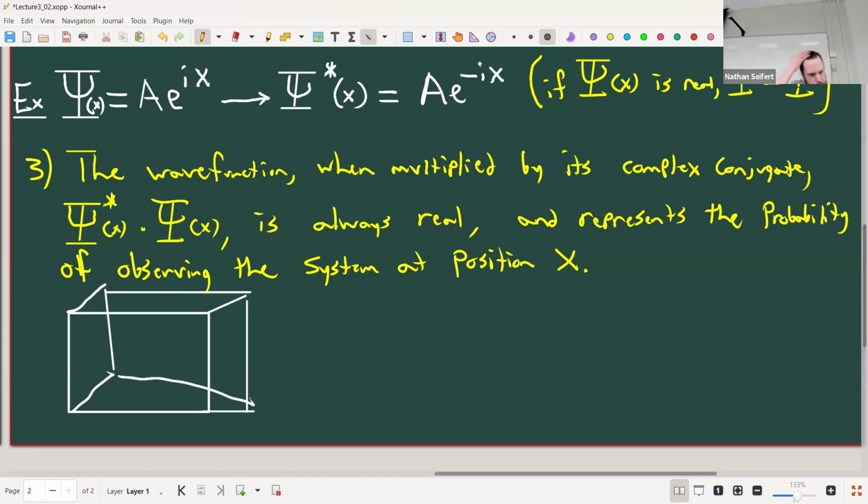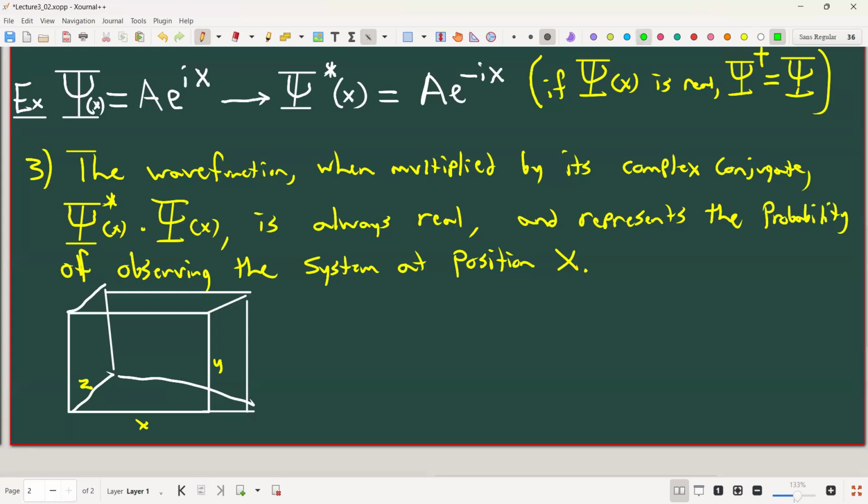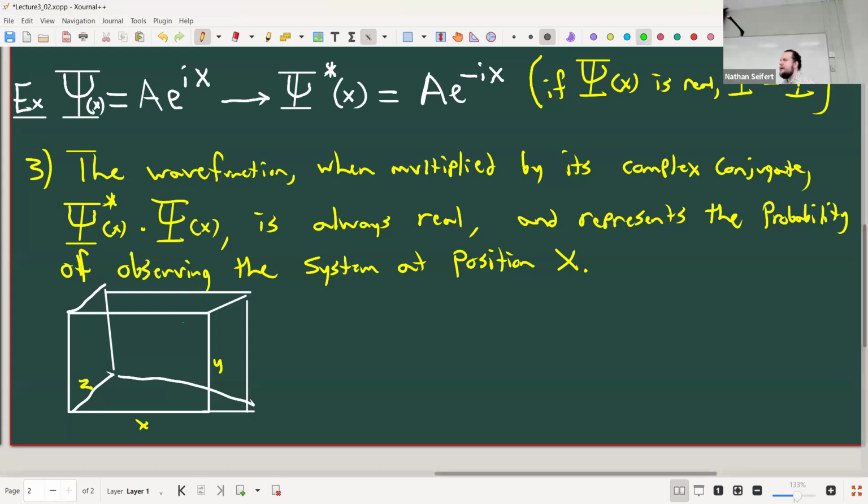It has length x, y, and depth z. And I have one electron in this box, and I want to ask my system, what's the probability the electron is in a little point, a little cube, a little section of my box? So let's mark out a little section of the box like this.